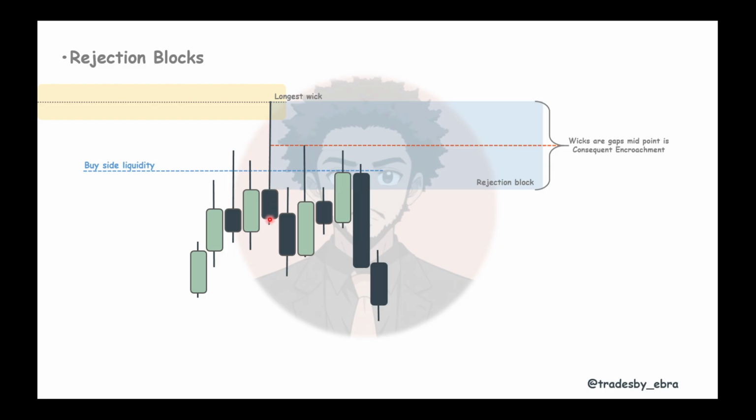That candle's longest wick is what we call the rejection block. Now this is a bearish mitigation block, rejection block. We call this wick, or the candle, and in the middle of it we call the encroachment.